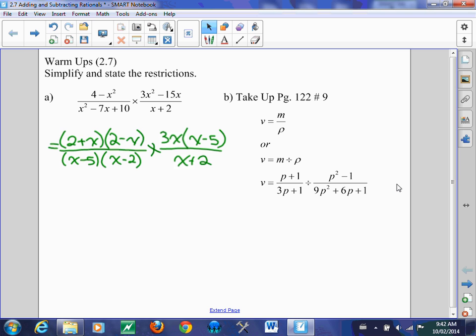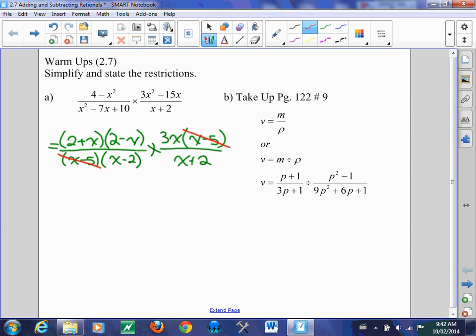Okay, now, ladies and gentlemen, I want you to think very carefully. Let's do some simple cancellations first. So what is the easy one we can see? The easy one we can see is x minus 5 and x minus 5. Another one is, if you notice here, x plus 2, the x is positive and the 2 is positive.